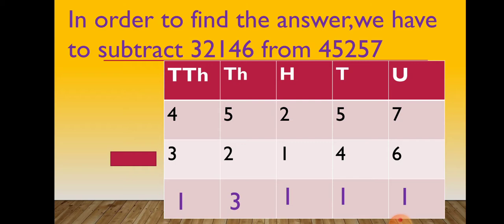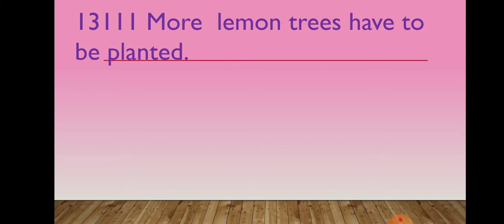How many more lemon trees must be planted? 13,111. Did all of you understand? This is called without borrowing subtraction. 13,111 more lemon trees have to be planted.